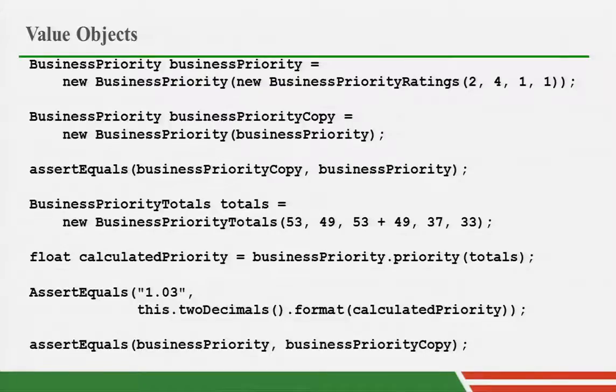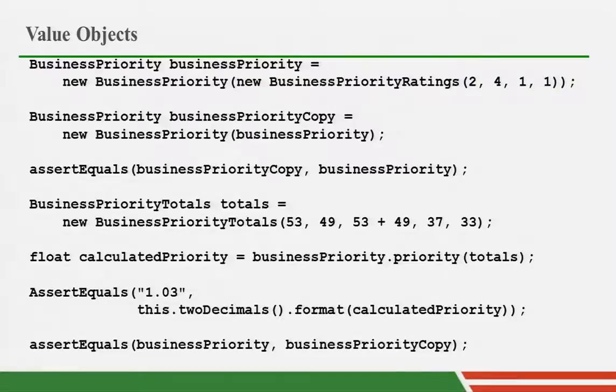Oh, because what we're asserting in this line of code is that this business priority that was created here was not mutated. So actually in every single test that I write for this business priority object, and for every operation that I test, I not only assert that the business function worked.